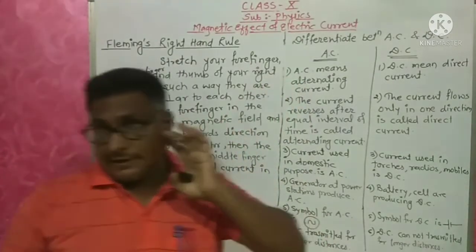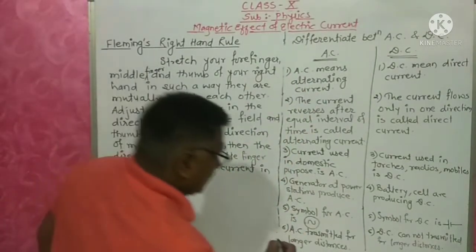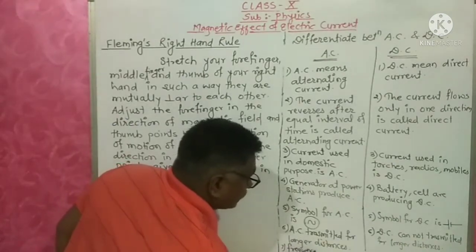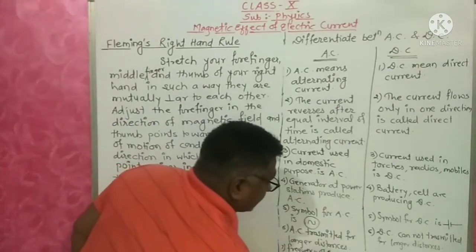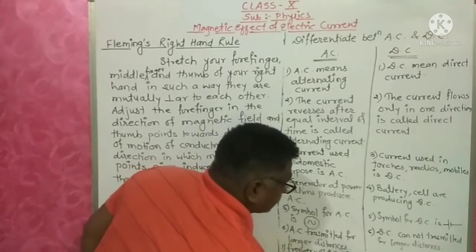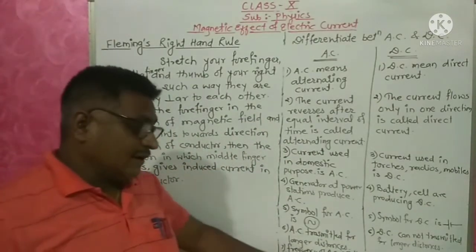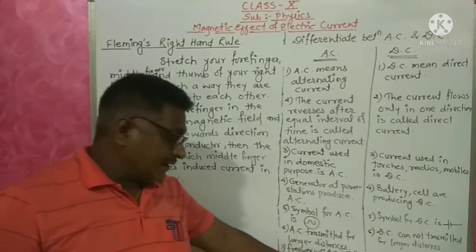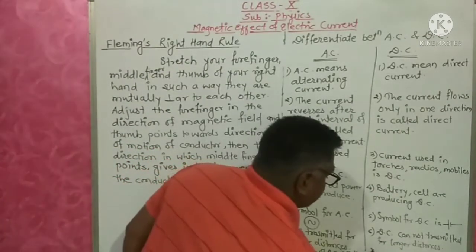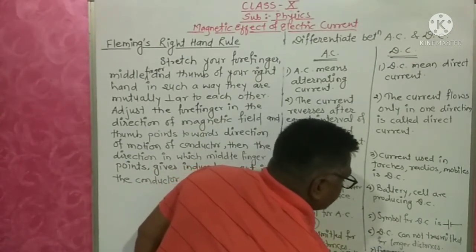How much is the frequency of AC current? Last point is the frequency of AC is 50 Hertz. How much? 50 Hertz. Frequency of alternating current is 50 Hertz in India, and here frequency is 0.